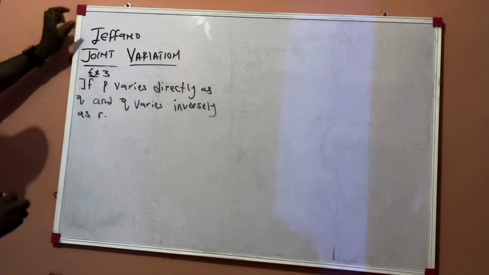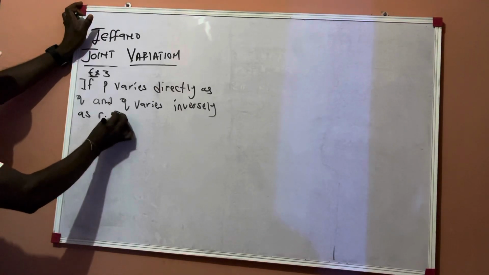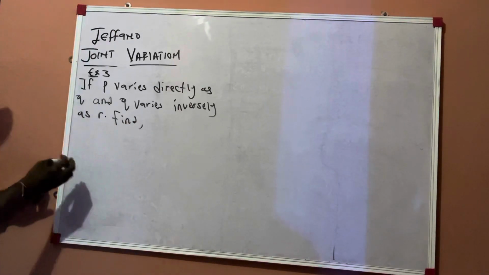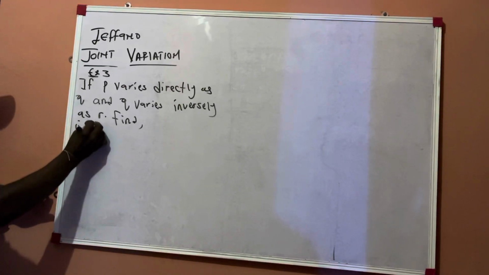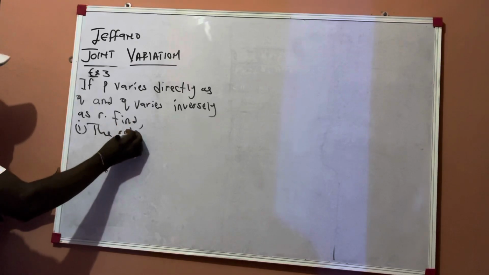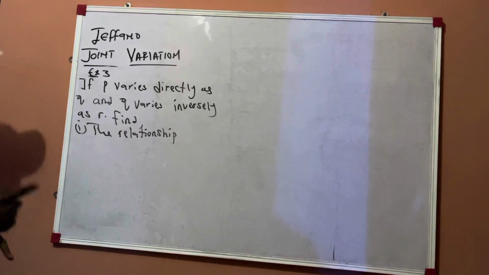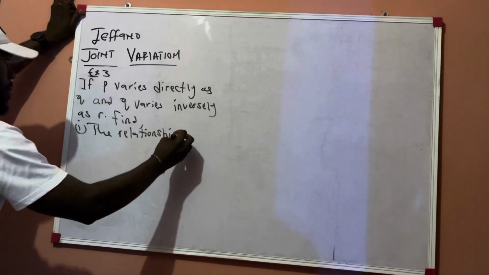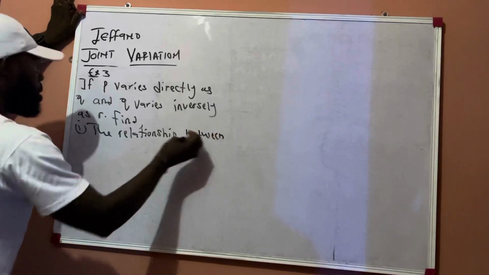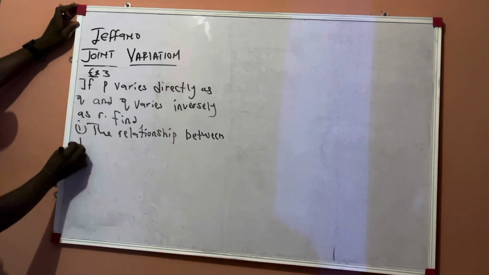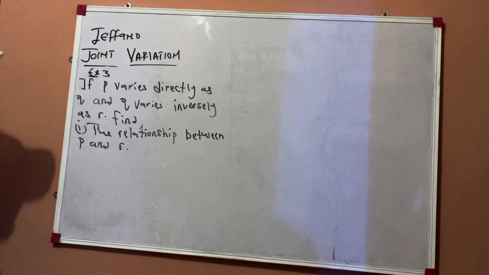Now watch. Find, comma, Roman figure 1, the relationship between P and R. That's 1.